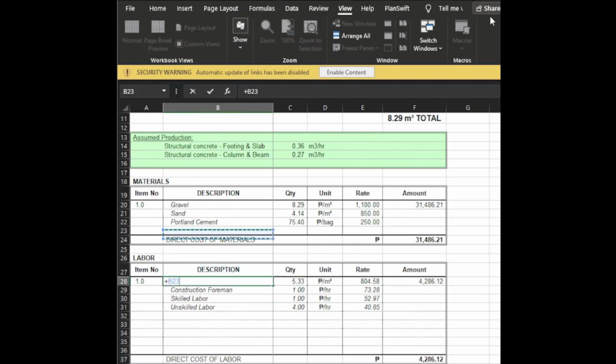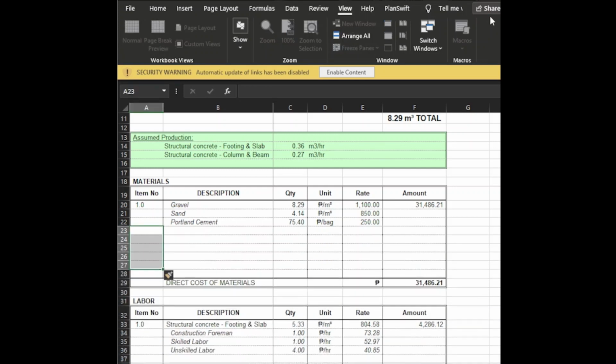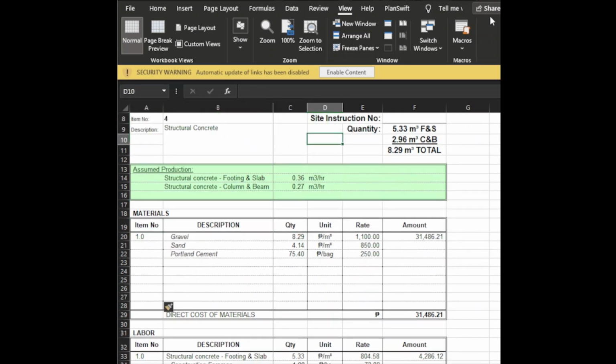So we will start with this footing and slab, and the quantity is this one. So our construction foreman is, oh wait, we will be using again the same, or we can separate this one also, no problem. And this one also we will make it separate. We will make it separate na lang this one, so no need for this total.